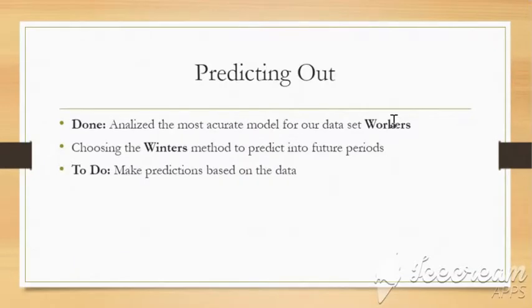Continuing to use the example of the workers data set, we can begin to actually predict out into future periods, which is what we want to do. Before, we chose our different smoothing methods and determined their accuracy, and now that we've determined that the Winters method was the most accurate, we can make a prediction based on the data.